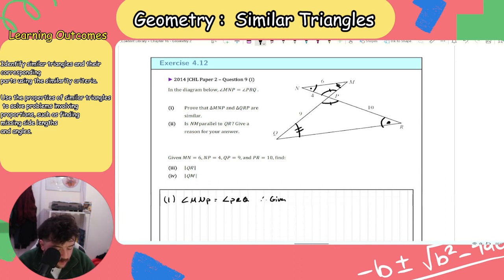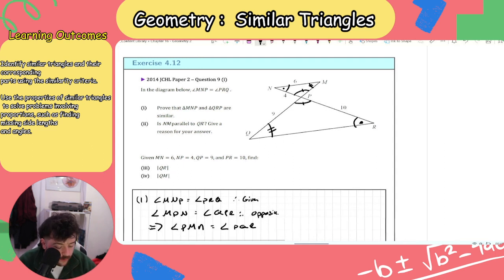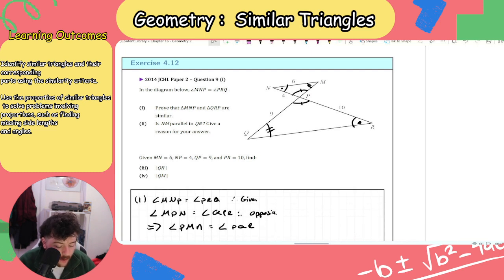I know as well angle MPN is equal to angle QPR, vertically opposite, which implies that angle PMN equals angle PRQ. Therefore, the triangles are similar.